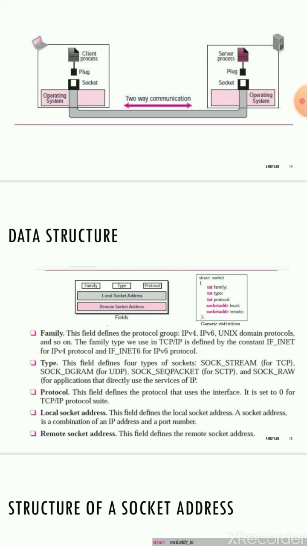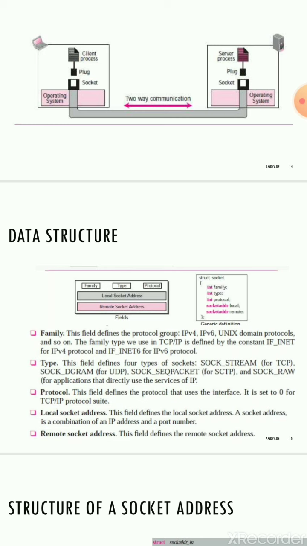So what these five parameters define is a socket structure. We will deal with them one by one. The first is family. Here family is nothing but the version of the IP we are using. This field defines the protocol group, that is IPv4 or IPv6, Unix domain protocols, and so on.